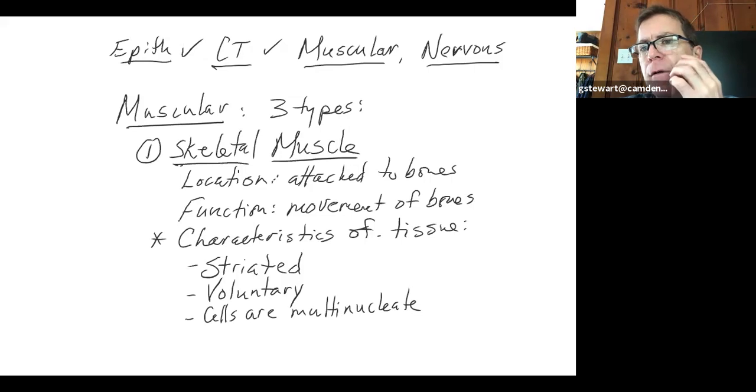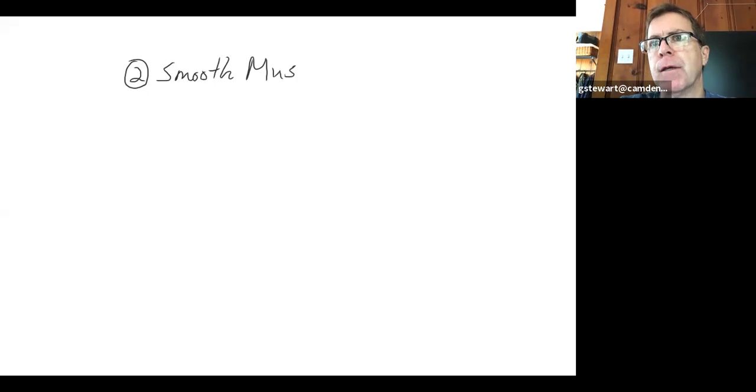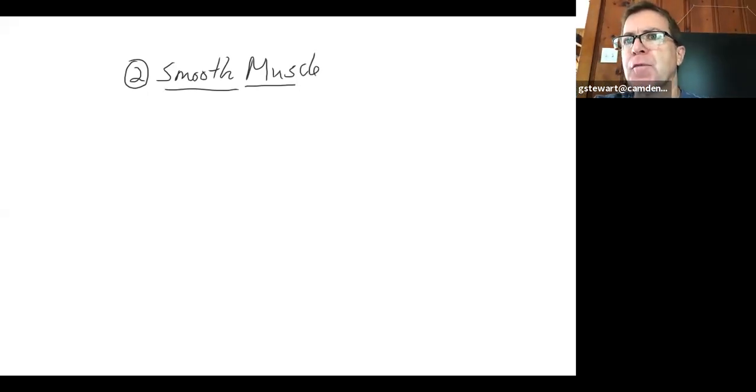There's many other characteristics in detail that you'll learn later. So that's the first type. Let's layer over and go to the second type of muscle tissue. I'm not sure I'm going in perfect order of your book. There's only 3. Everybody always does skeletal first, whether they do cardiac or smooth second depends on the book you read.